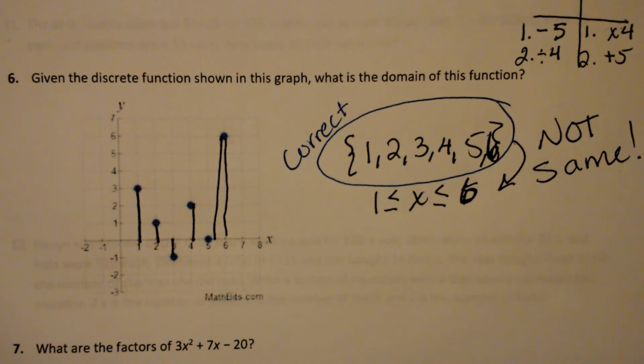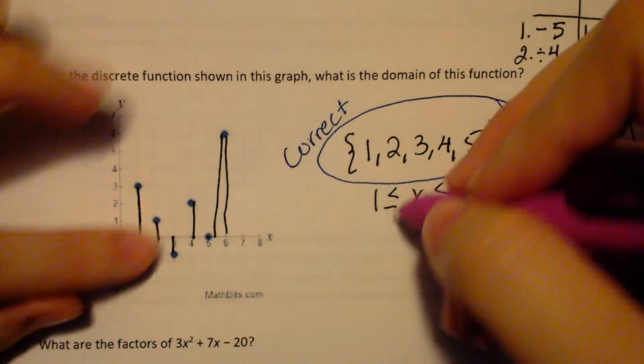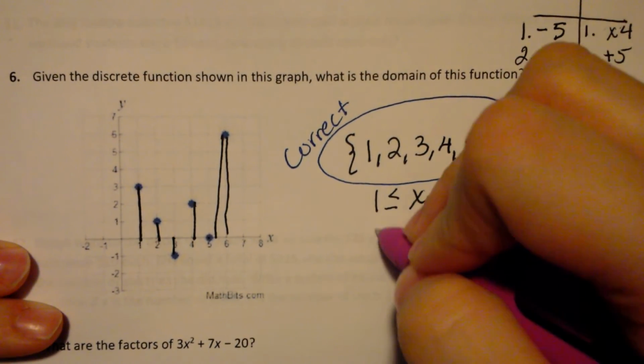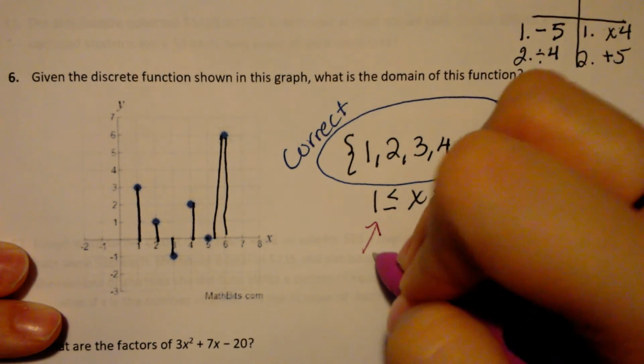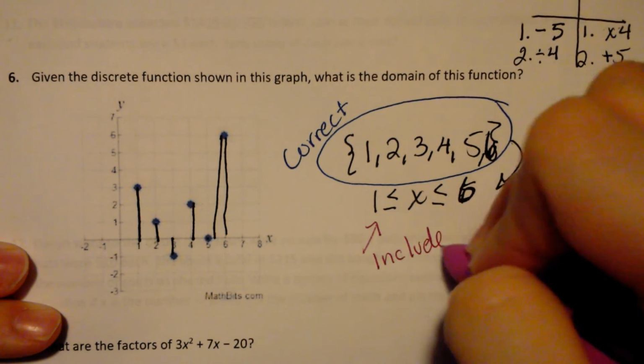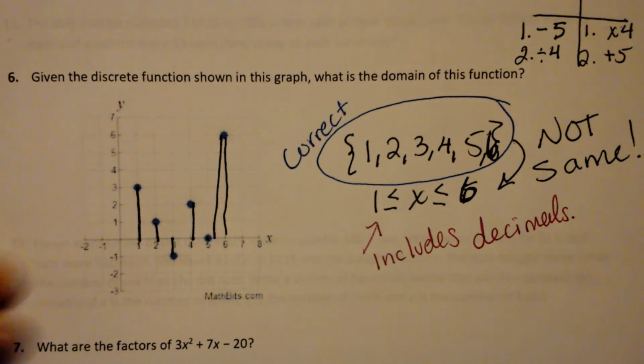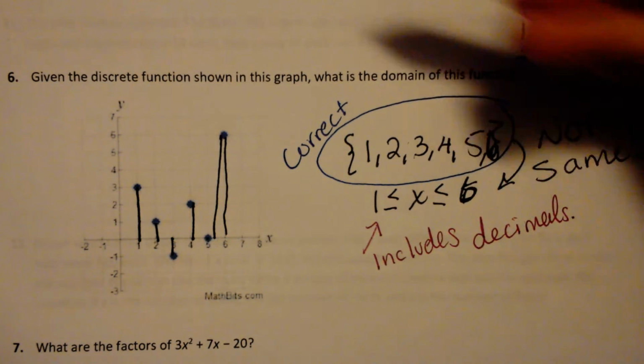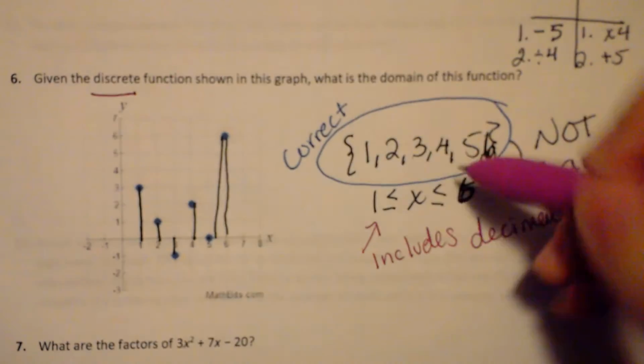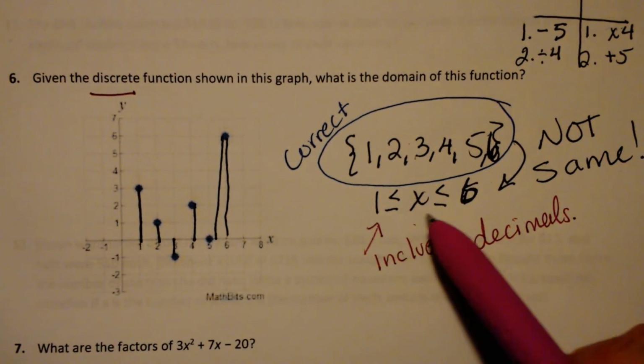That's not something we talk about with math. So you want the discrete, because it says discrete. And this would be for a continuous function.